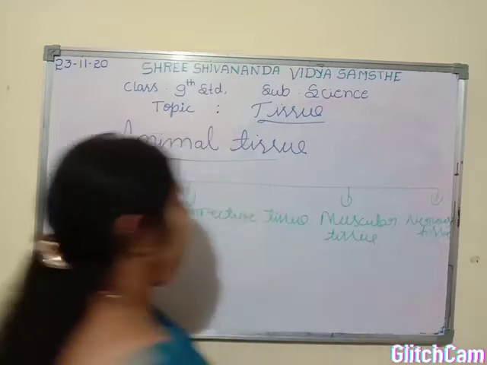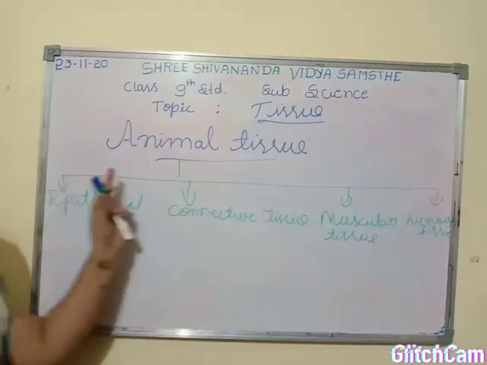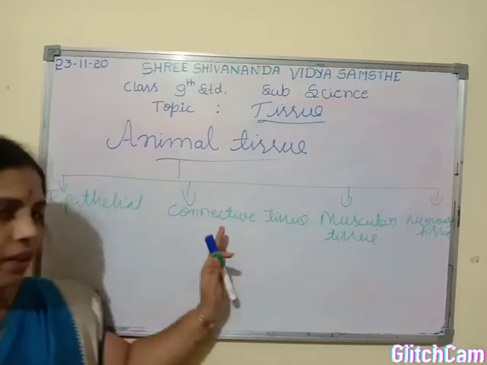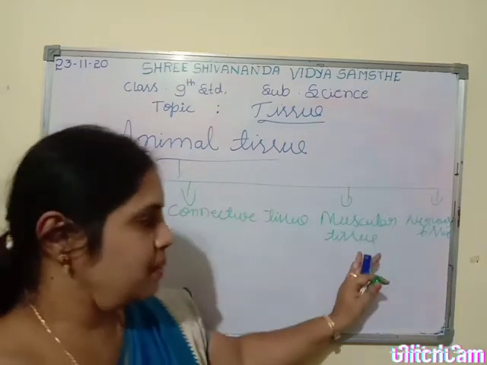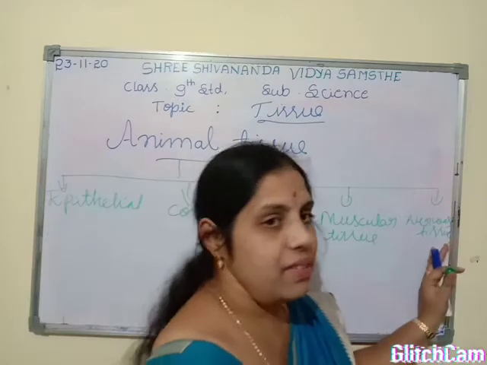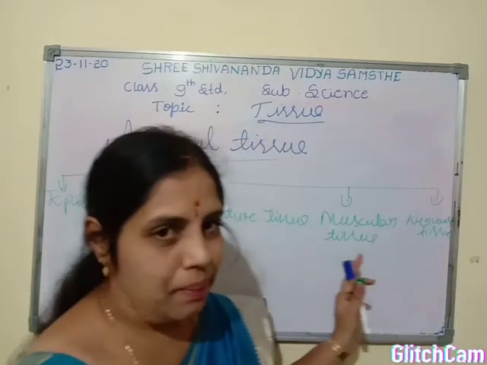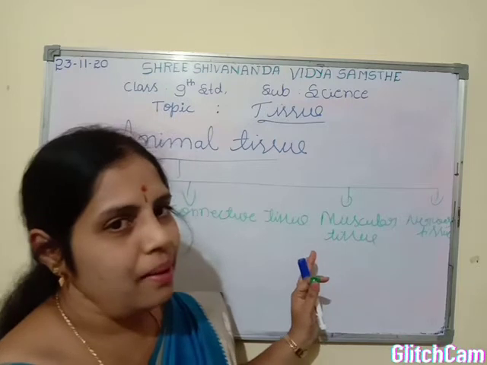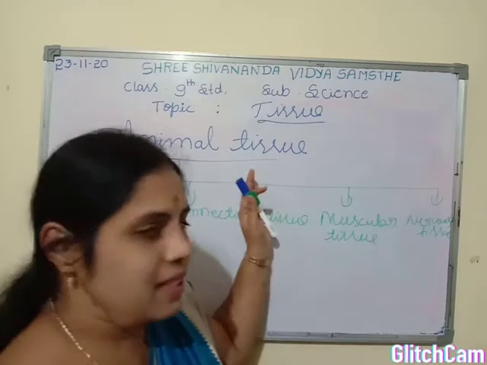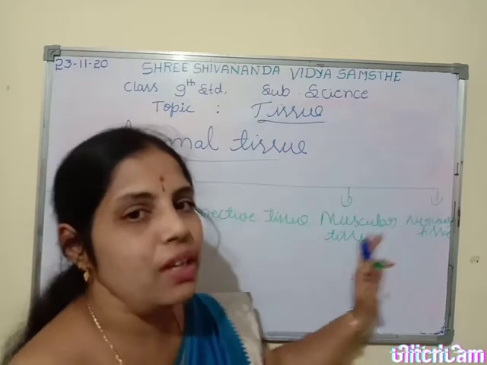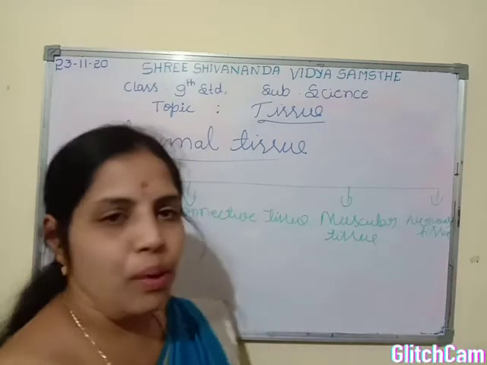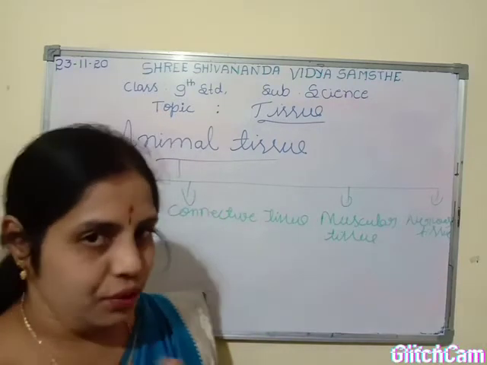Repeat again: epithelial tissue, connective tissue, muscular tissue and nervous tissue. In plants there are only two major types, meristematic and permanent, but in animals there are four major tissues. Let us learn about them one by one in detail.